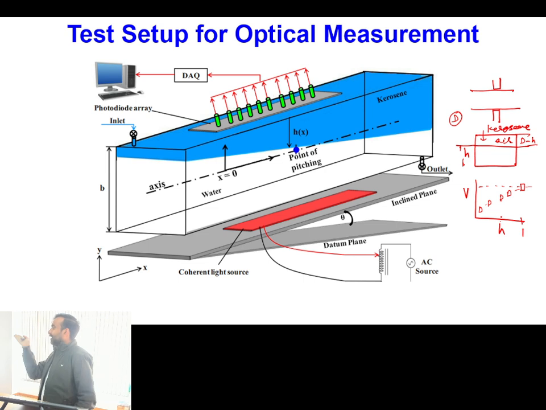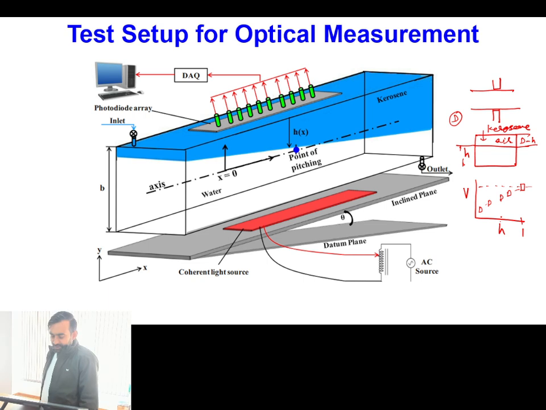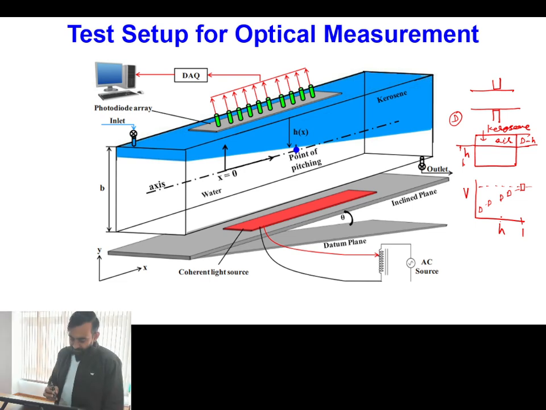So if you have a two-dimensional flat interface, this is the schematic representation of the test setup which we will be using for different situations in the present discussion. Okay, so this black colored system shows a rectangular box.